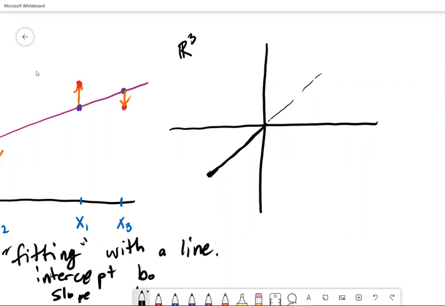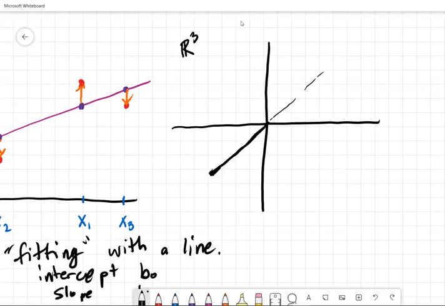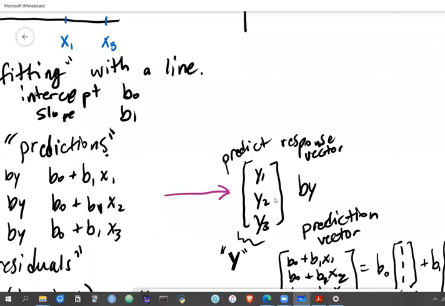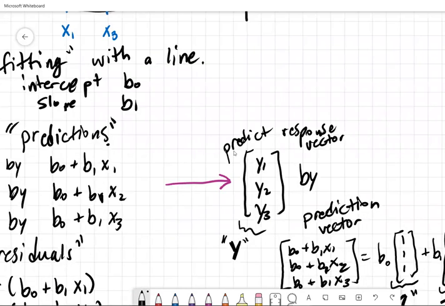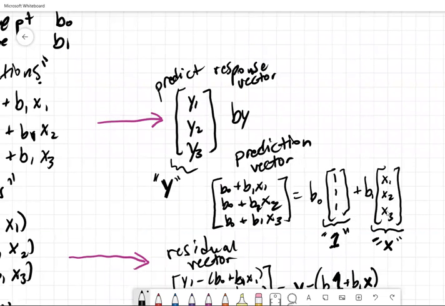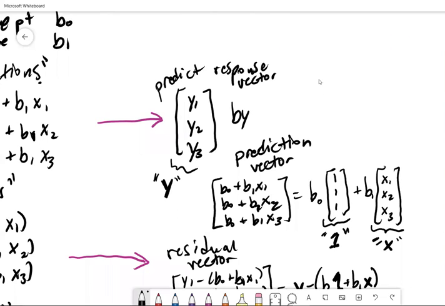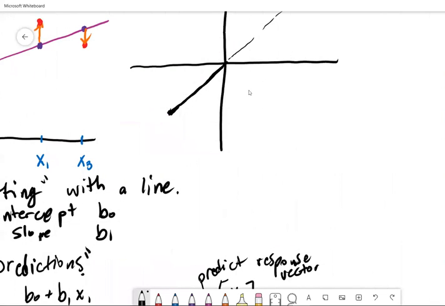And what space do these vectors that we've been talking about live in? y and 1 and x. Well, y is y1, y2, y3. 1 is 1, 1, 1. x is x1, x2, x3. These are all vectors in R3.